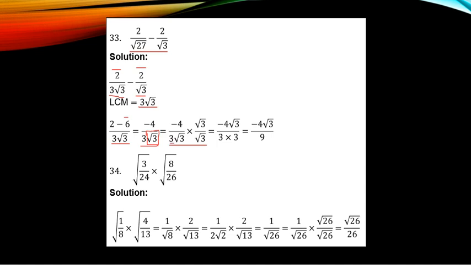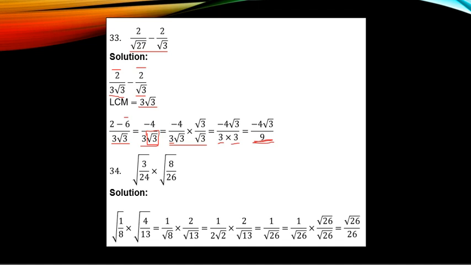This 3 here is a constant. It will come first. Then root 3 times root 3 is root 9, and root 9 is 3. So finally you have minus 4 root 3 over 3 times 3 is 9. No other common factor can divide.